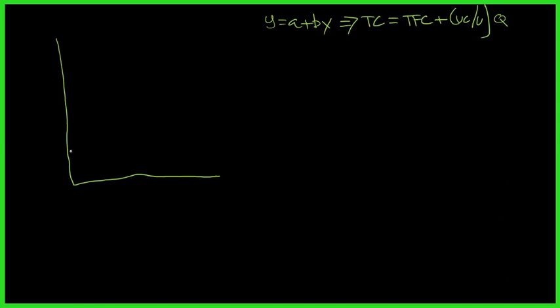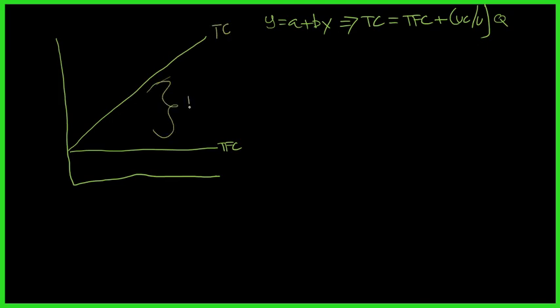Ayan. Drawing lang natin ulit. Okay, that's your fixed cost, no? Total fixed cost. Dapat dito mag-uumpisa pag variable cost, but since we would like to show the total cost, that's your total cost. Ito ngayon yung total variable cost natin.